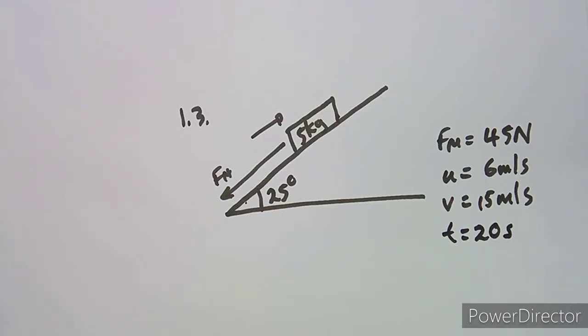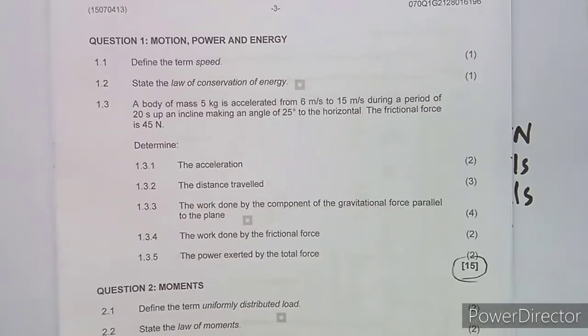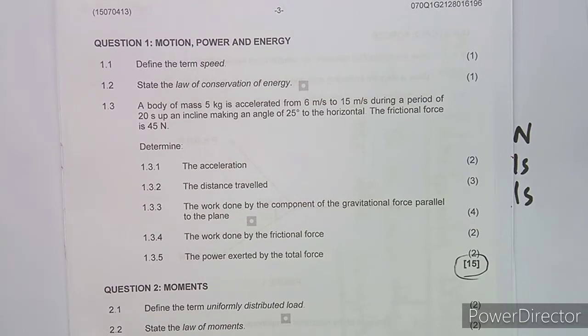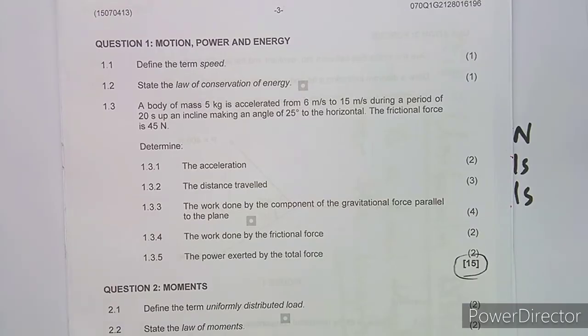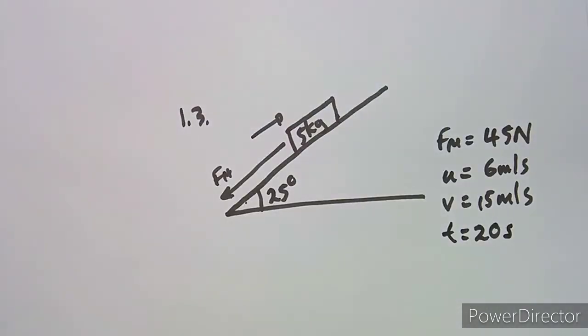All right, so the first question now is determine the acceleration. From our formula sheet, you are given so many formulas that you can relate, so we need the best one to use.